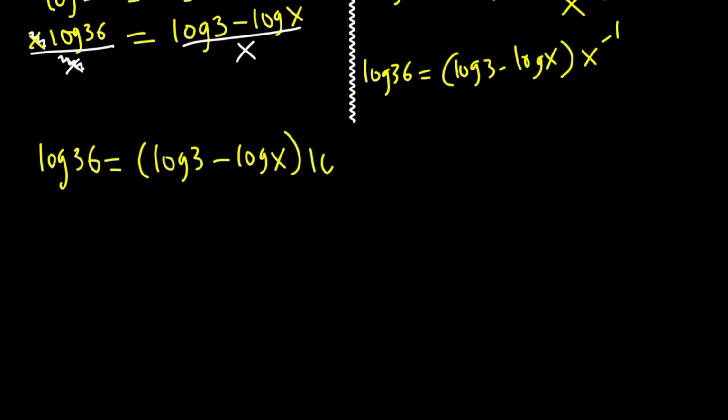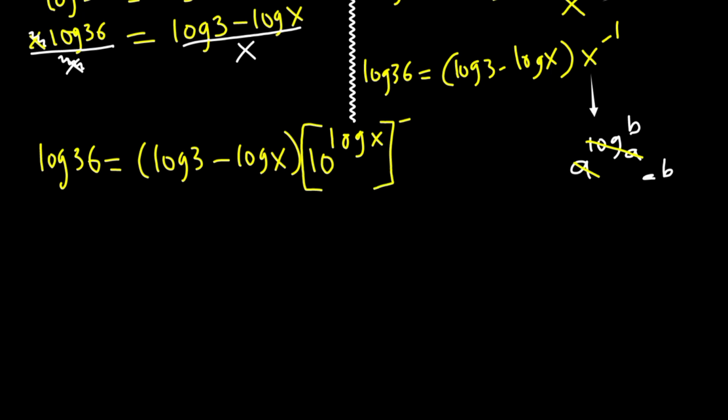And then we write x as 10 to the power of log x. That is according to the law of logarithm, because a to the power of log b base a gives us b. Just like saying this cancels out, and therefore don't let us forget our negative power, -1.